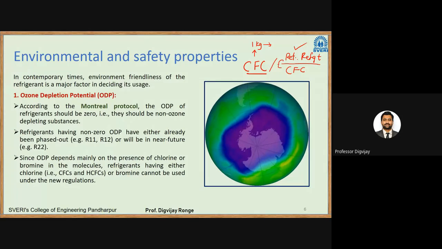Okay, so CFC is our base element here, we calculate for CFC, and this will be used to compare the ozone depletion potential of any new refrigerant that is produced. Okay, so under environmental, this was our first criteria, that is ozone depletion potential. Not only our refrigerants, there are other gases in the environment which are responsible for the ozone depletion.